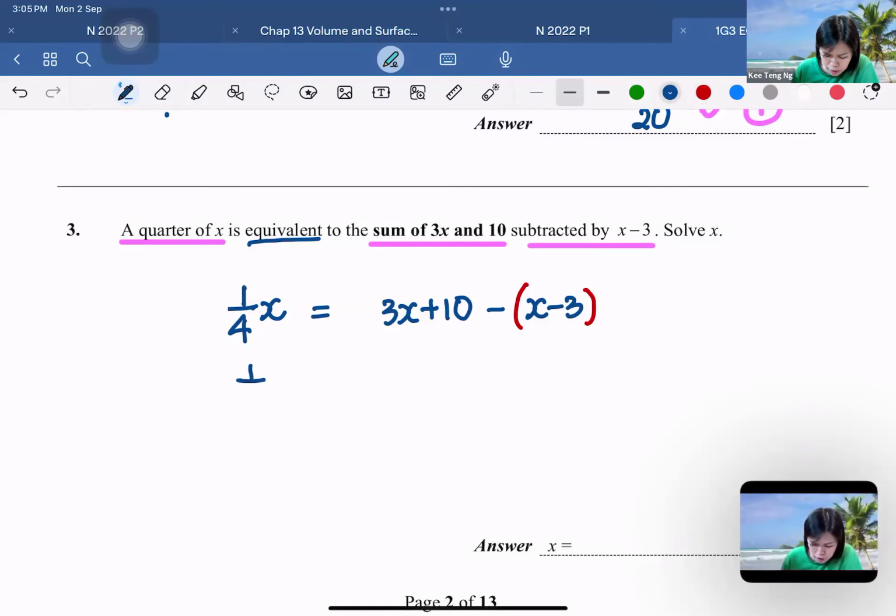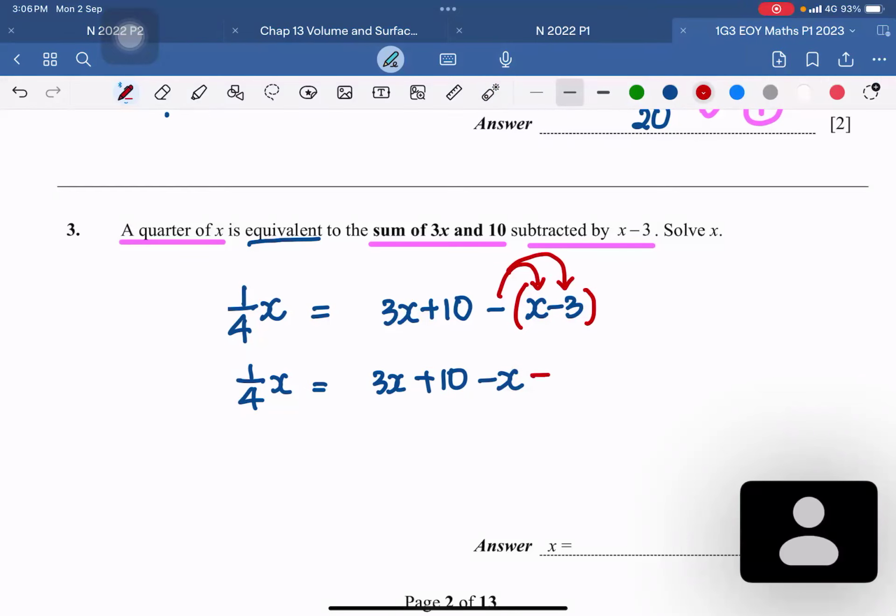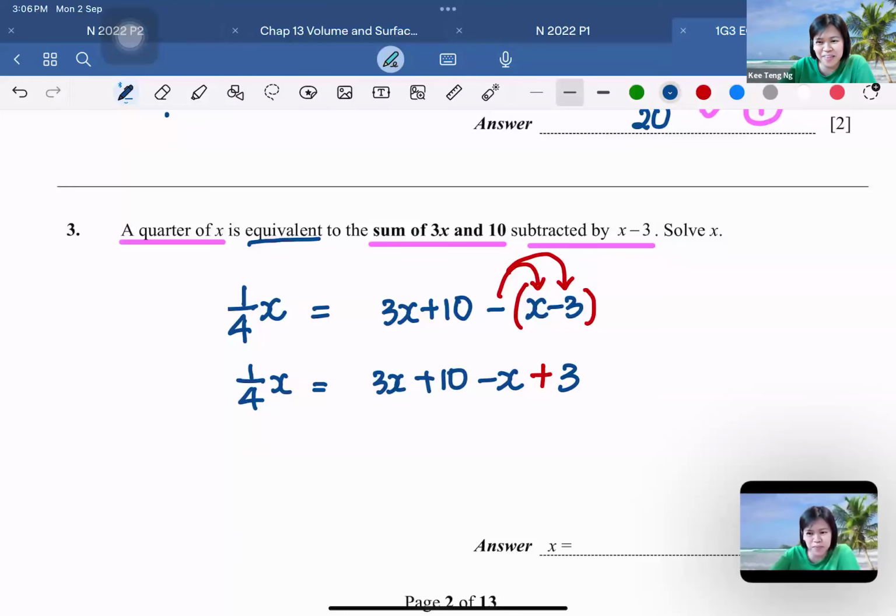And then I'll have my fraction over here. I can get rid of my fraction a bit later. 3x plus 10, and this one will be subtract x, subtract negative 3. So it's minus x. What will happen to the sign over here? This one will become positive. Thank you. That sounds like Ethan, is it?